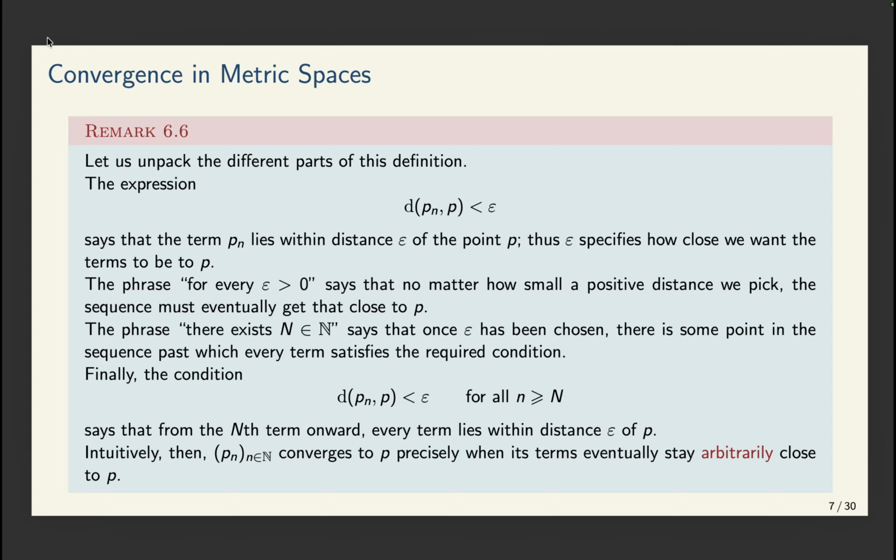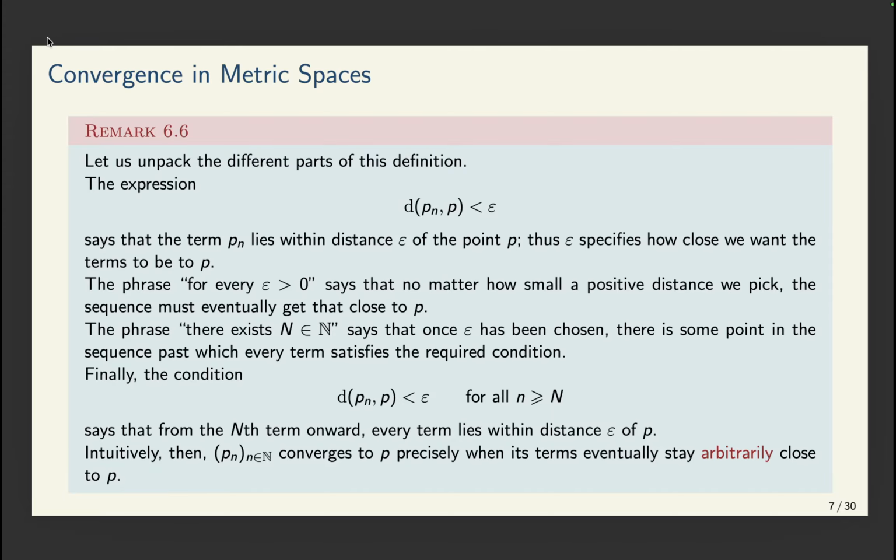So it says that the term P sub n lies within distance epsilon of the point P. Thus, epsilon specifies how close we want the terms to be to P. Okay? So the phrase for every epsilon greater than 0 says that no matter how small a positive distance we pick, the sequence must eventually get that close to P.